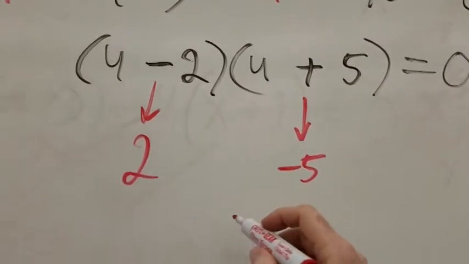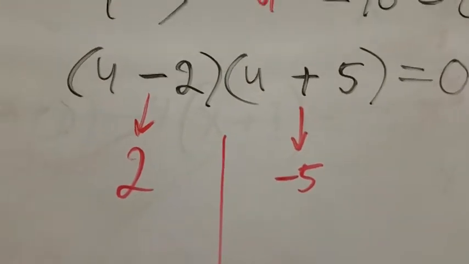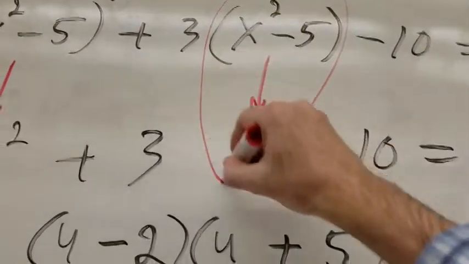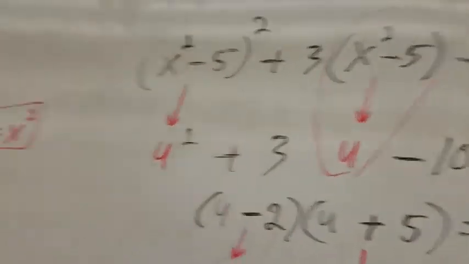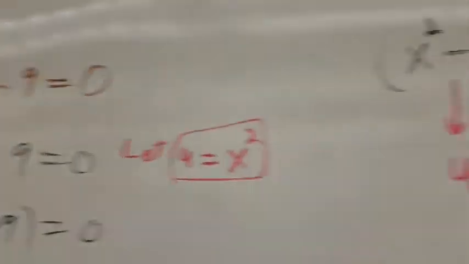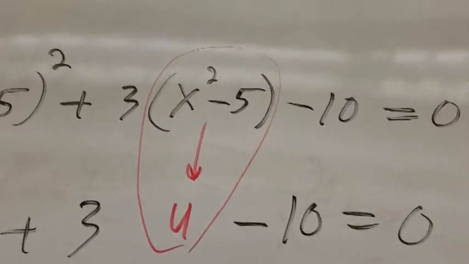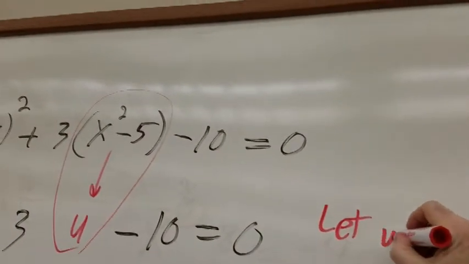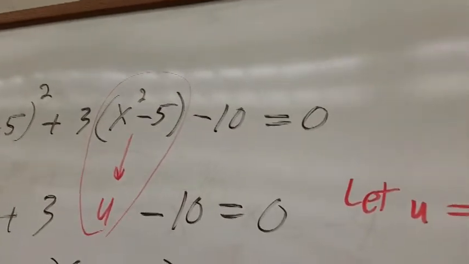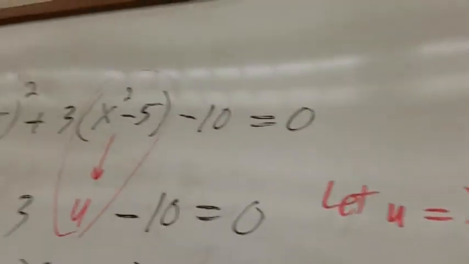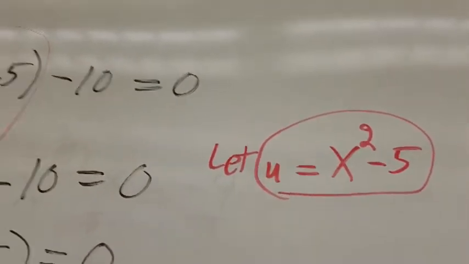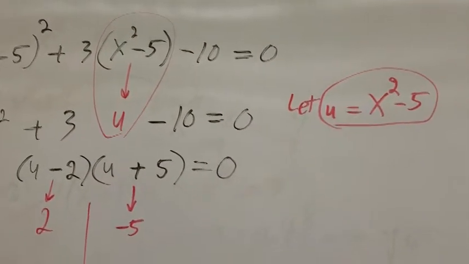Now remember, these are the U terms. And what did I let U equal? Always circle this center part. Just like we did over here, we circled the center part. Over here, so we let U equal x squared minus 5.